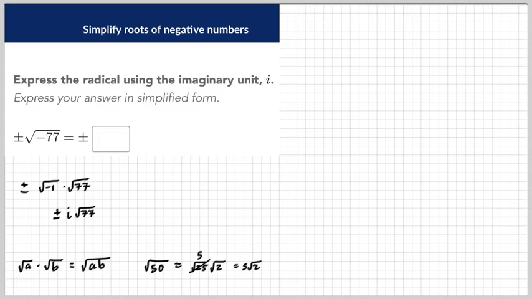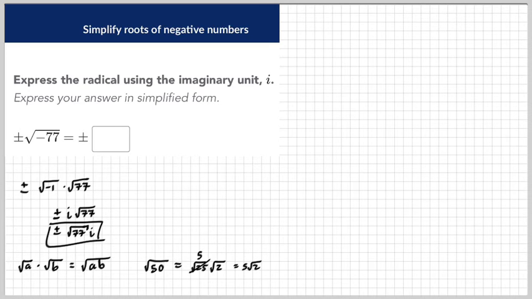Okay, so if you write the I after the square root, I also like to do, because sometimes our writing is kind of sloppy, I like to put a little hangy thing right here at the end of the square root. That helps me see in my writing that the I is on the outside of the square root, the I is not on the inside. Make sure the I is not on the inside of the square root. It has to be on the outside. And then plus or minus. This is your answer. That's what you would put in.